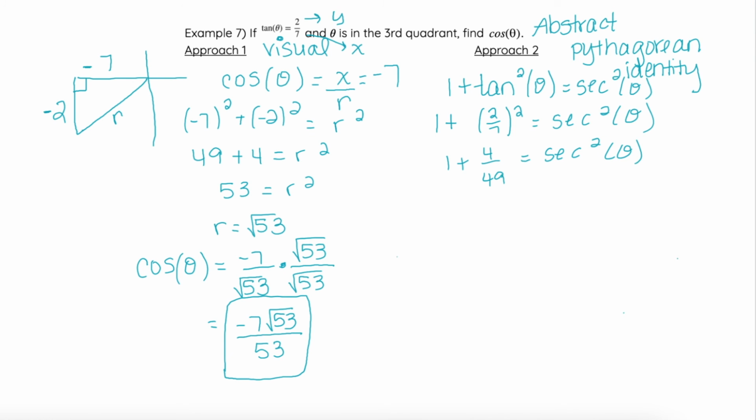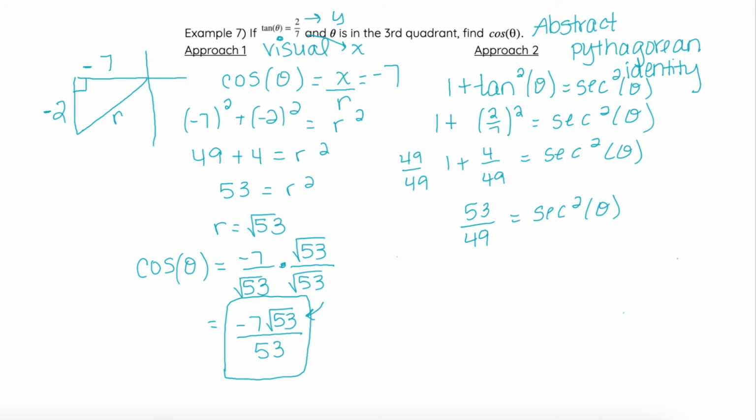Combining our fractions, 49/49 is the same as 1. So 49/49 plus 4/49 gives 53/49, which doesn't surprise us, because we know we're going to end up with 53 somewhere, equal to secant squared of theta.